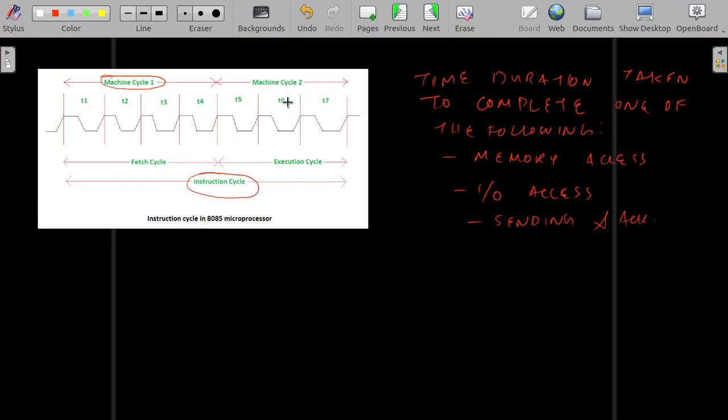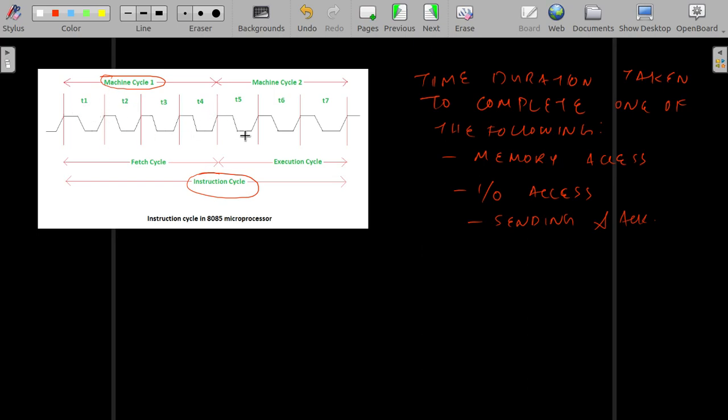If you look here, you can identify that the fetch cycle is a type of machine cycle, the execution cycle is a type of machine cycle, but the instruction cycle is not, it is like a composite of both of these. Similarly, this T1, T2 etc.